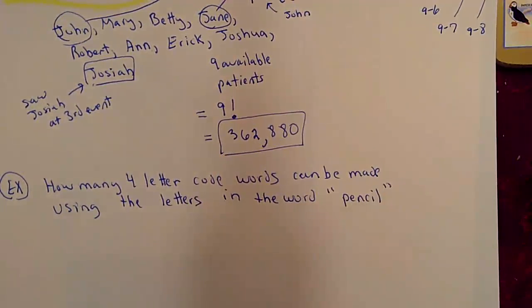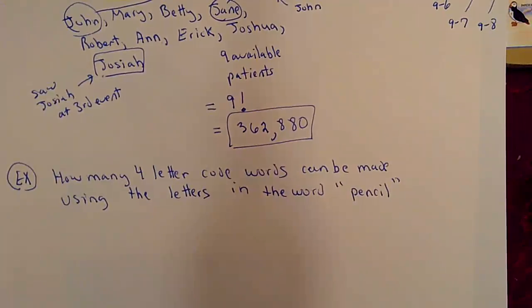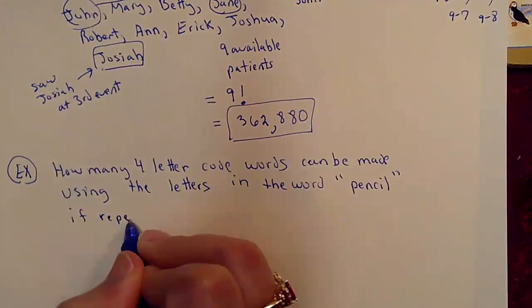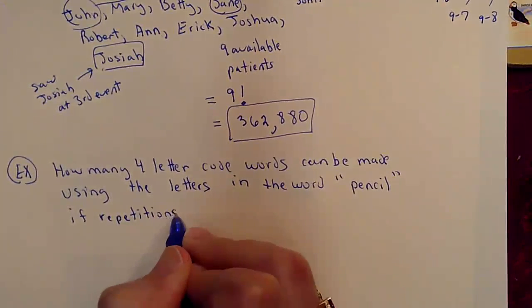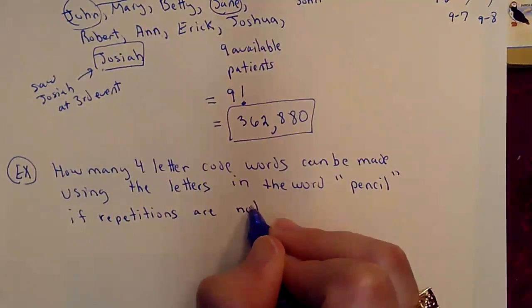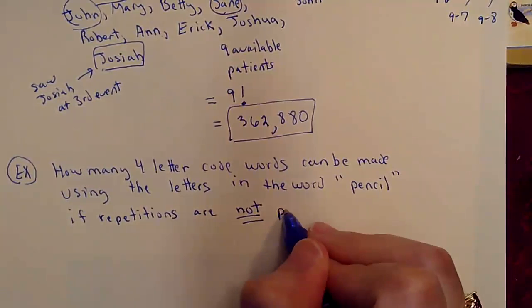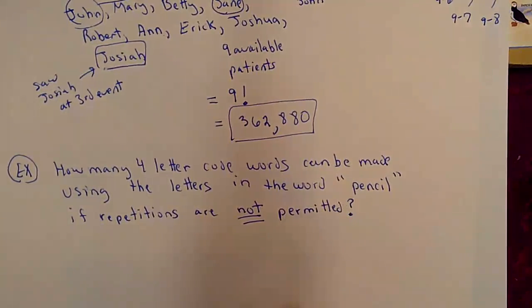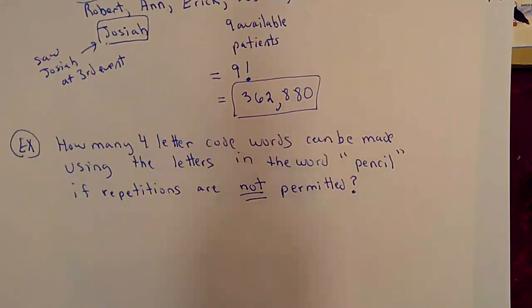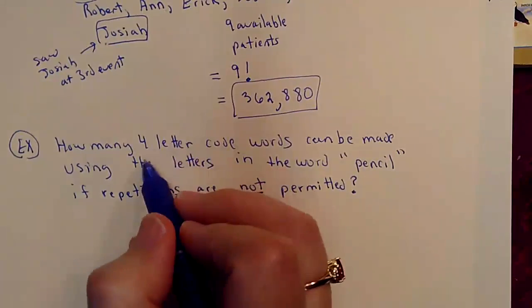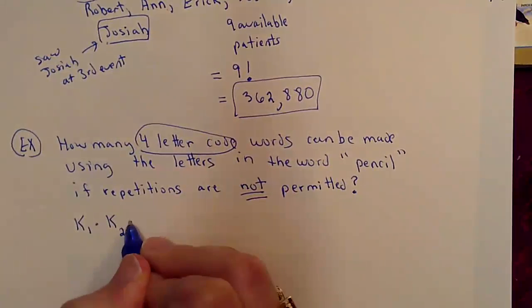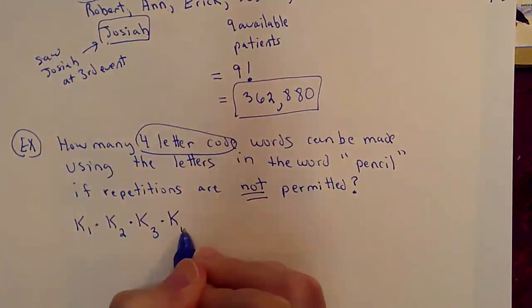So this says, how many 4-letter code words can be made using the letters in the word pencil if repetitions are not permitted. Okay, not permitted. So you might be thinking, well, how many? I need to go K1 through what? So we have this four-letter code. So I need to do four. K1 times K2 times K3 times K4.